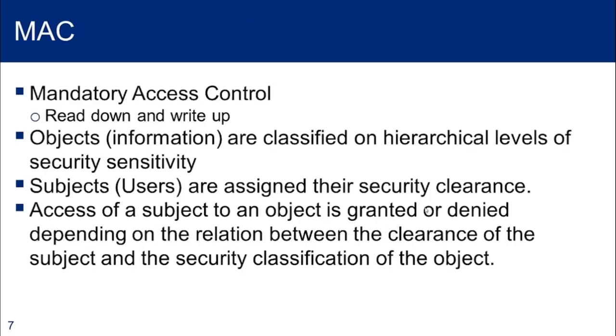This slide is a short reminder of the properties of the MAC model. By the way, mandatory access control is sometimes referred to as lattice-based access control because of the important role played by a mathematical object called a lattice. MAC has two properties that you have learned about in previous classes. Enforcement involves a comparison of security clearance levels of a user's session and classification levels of objects.